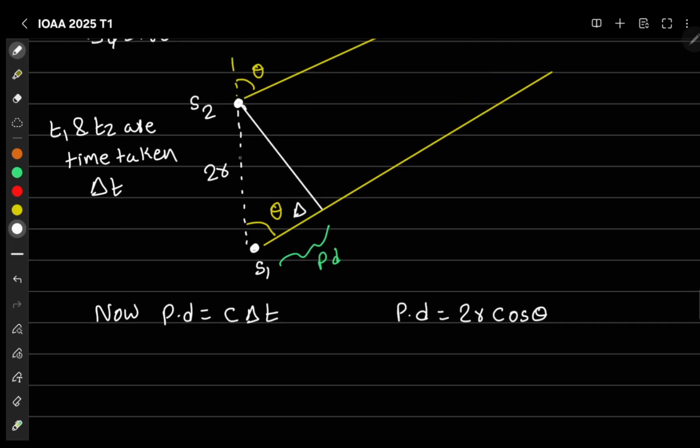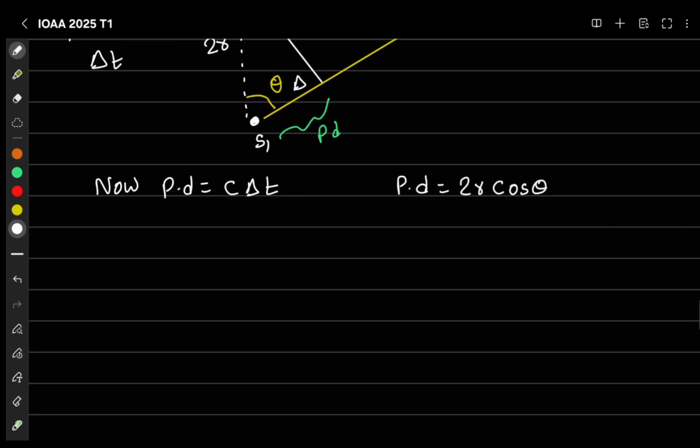This is 2r, this whole distance, so I can write path difference as 2r cos theta, correct? So my cos theta would be c delta T over 2r.